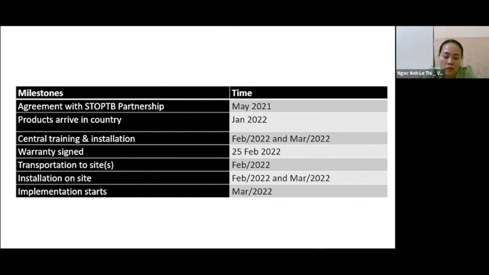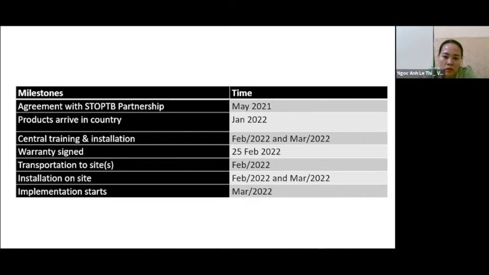And then in Jan 2022, we received all the UP X-ray systems and CAD for TB. And this arrived in Vietnam before the Tết holidays. That's the reason why we conducted the trainings for the central level as well as the province staff in February and March.